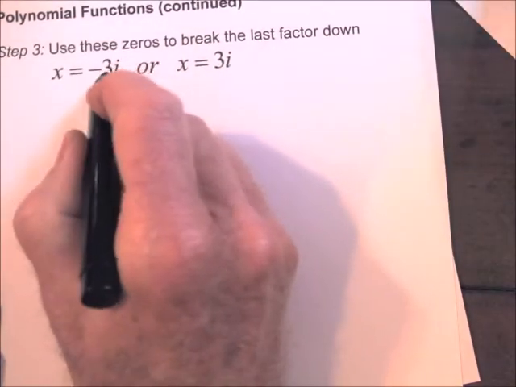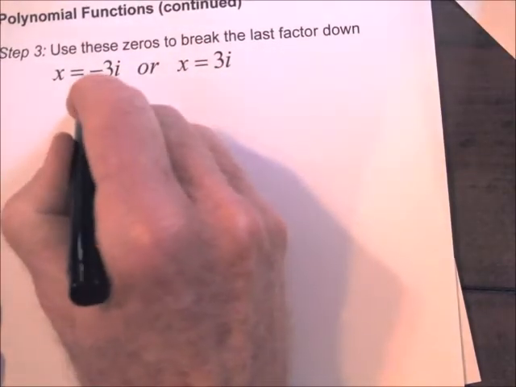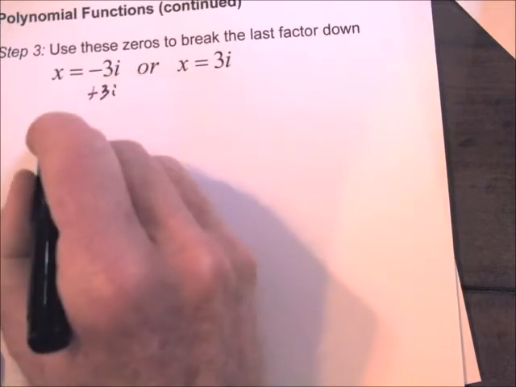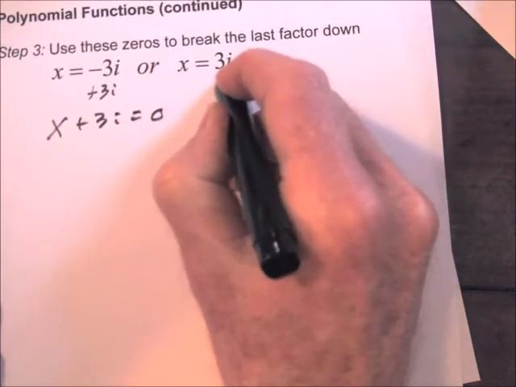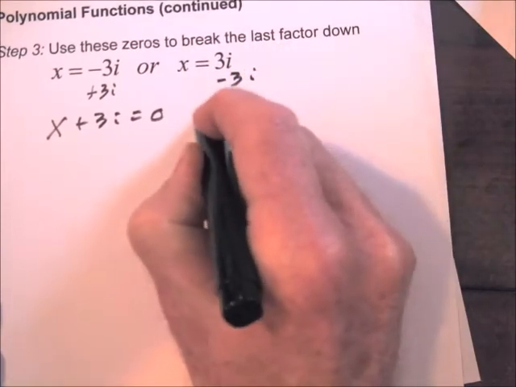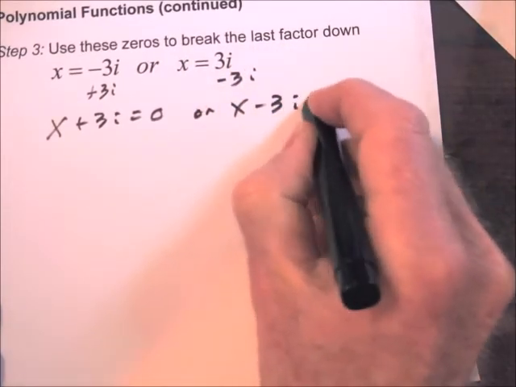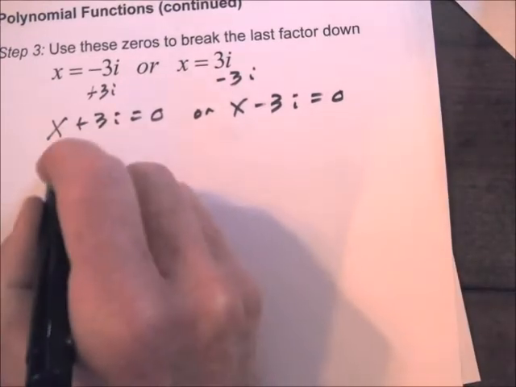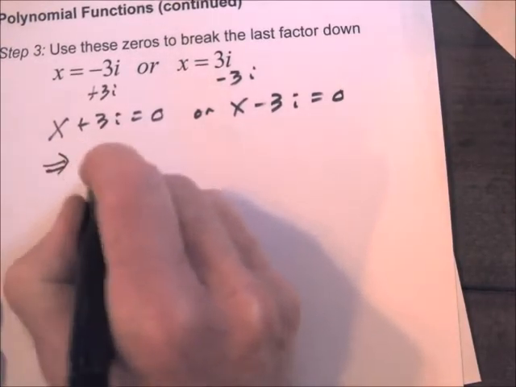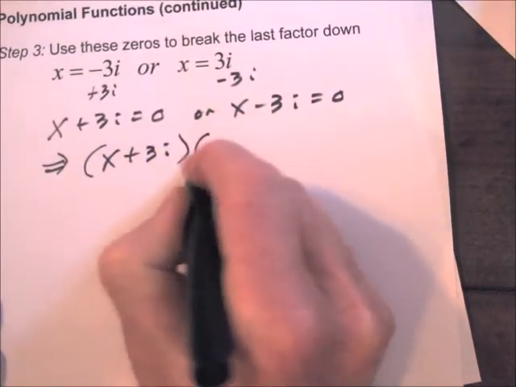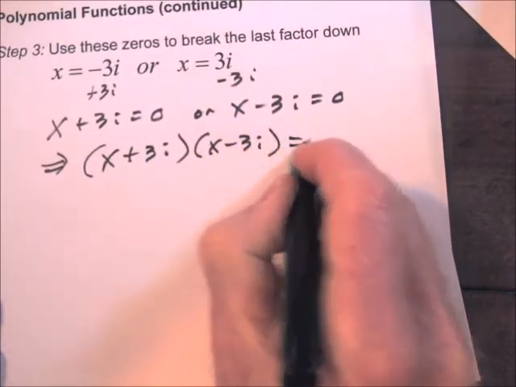If we solve these for 0, add 3i to both sides here, we get x plus 3i equals 0. Or here we'll subtract 3i from both sides: x minus 3i equals 0. So that means the product is equal to 0, the quantity x plus 3i times x minus 3i equals 0.